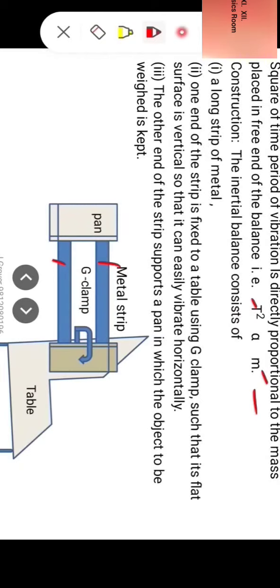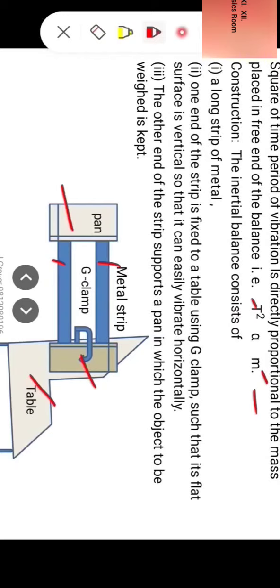Number 2, one end of the strip is fixed to a table using a G clamp such that its flat surface is vertical, so that it can easily vibrate horizontally. Number 3, the other end of the strip supports a pan in which the object to be weighed is kept.